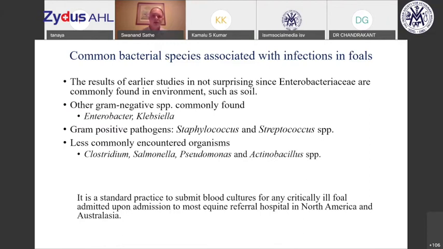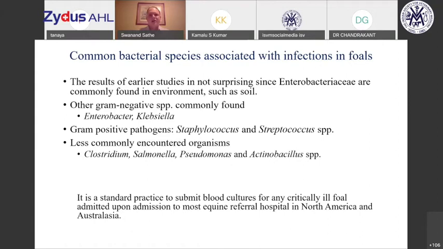There are other gram-negative species that are found equally that cause septic infections in foals, namely Enterobacter and Klebsiella, gram-positive pathogens like Staph or Strep species, and then there are some less commonly associated microorganisms like Clostridium, Salmonella, Pseudomonas, and Actinobacillus species.